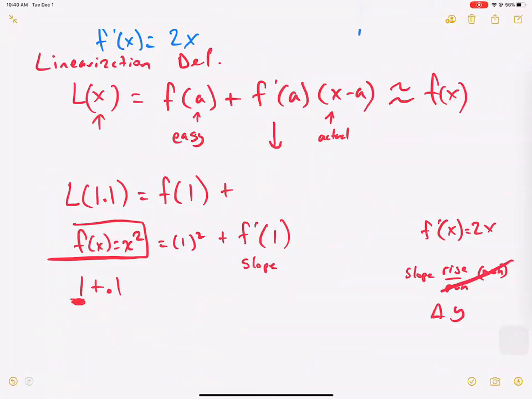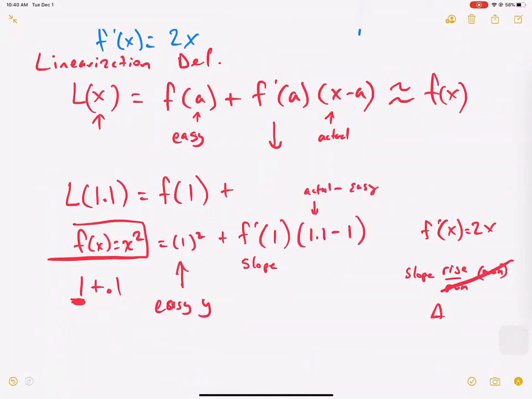So here's the idea. We have our easy y value. Let me draw some arrows. This is my easy y value. Then we multiply our slope by the difference between our actual 1.1 and our easy 1.